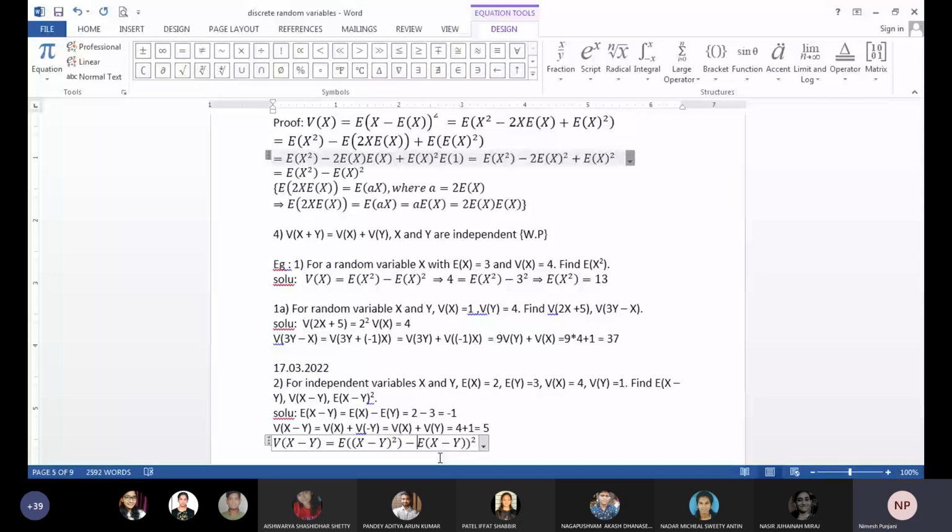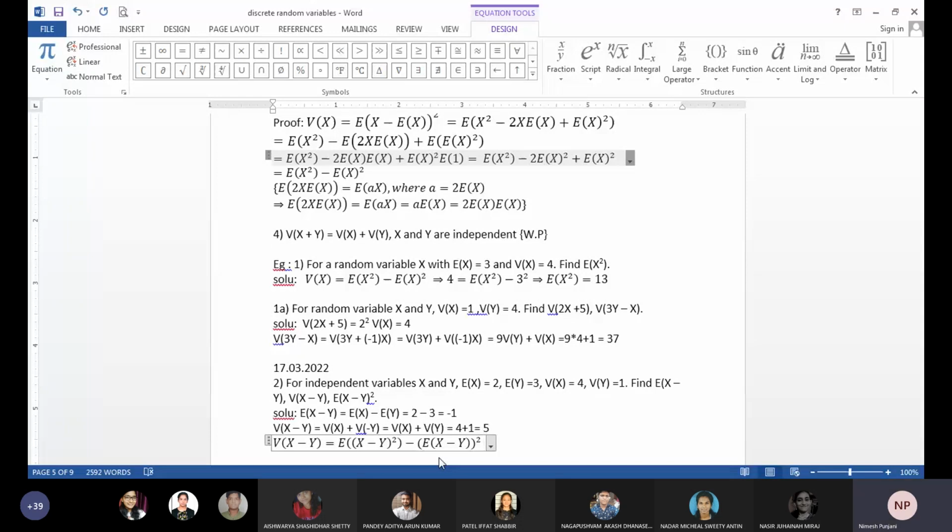This is what you were telling, sweetie. Yes, sir. Okay. So variance of x minus y is expected value of x minus y square minus square of expected value of x minus y.